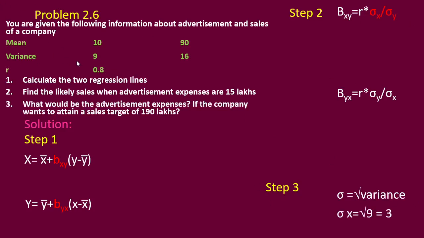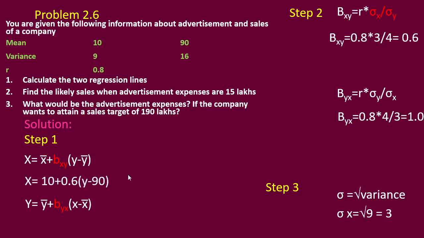So standard deviation of x is square root of 9, that's 3, and standard deviation of y is square root of 16, that is 4. So bxy equals to 0.8 into 3 by 4, it's 0.6, and byx is 0.8 into 4 by 3, it's 1.067.